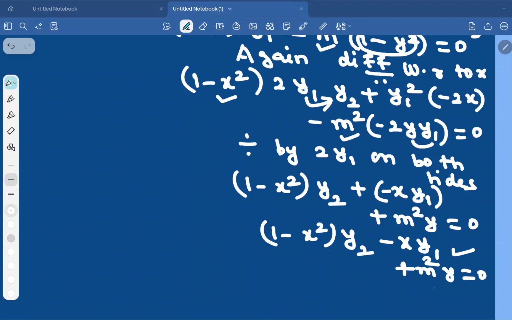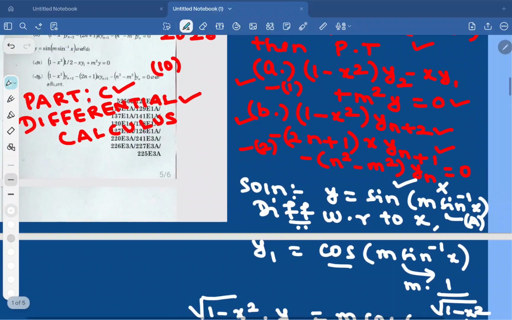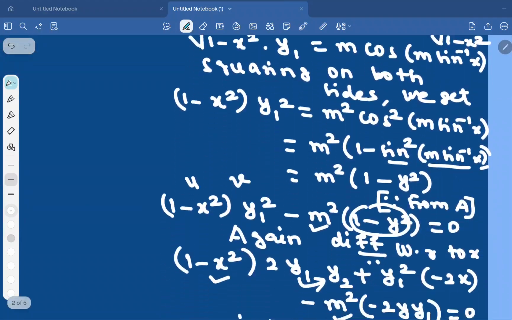This is our first equation: 1 minus x square y2 minus xy1 plus m square y equals 0.